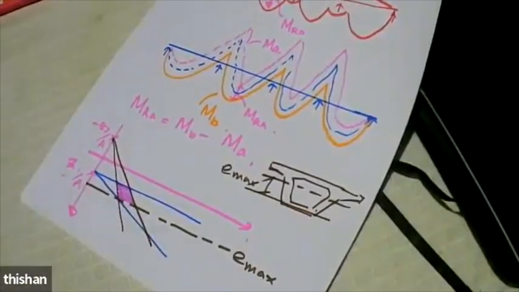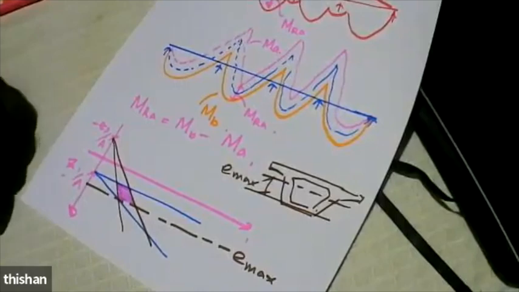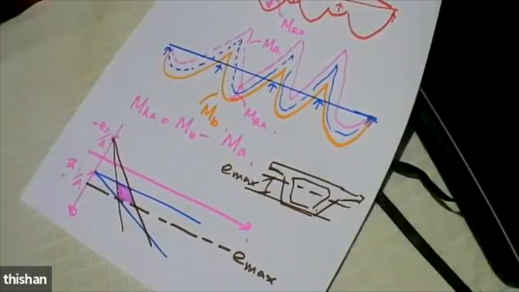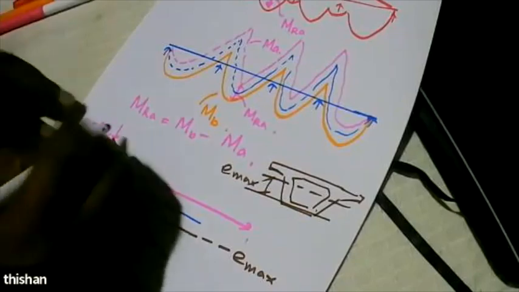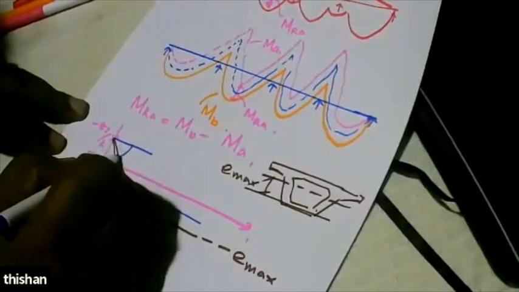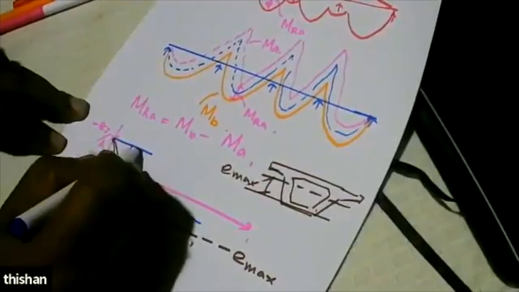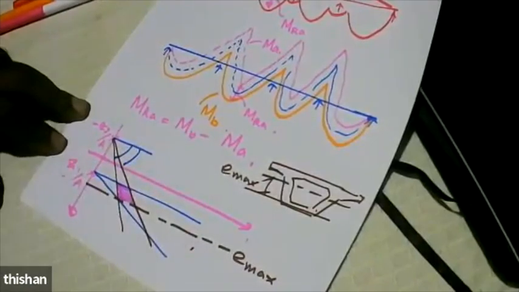And then we said there are some special conditions to be met. The gradient of this line should be greater than the gradient of this line.